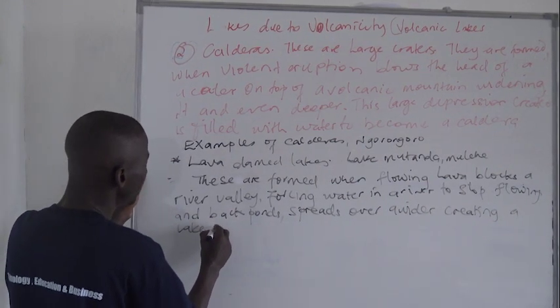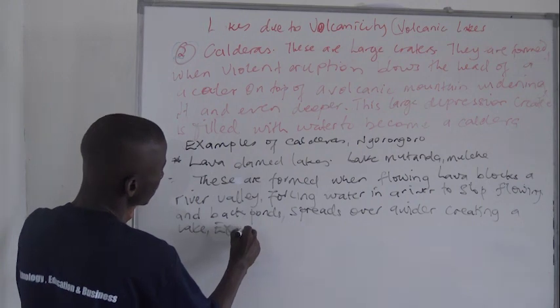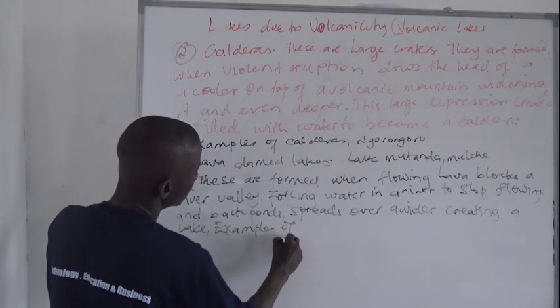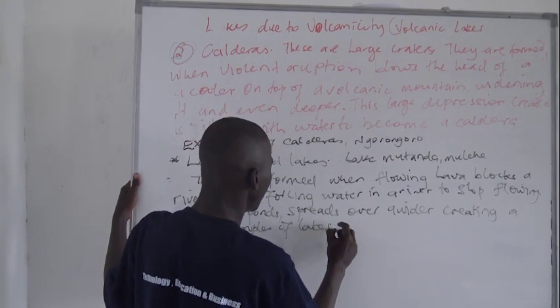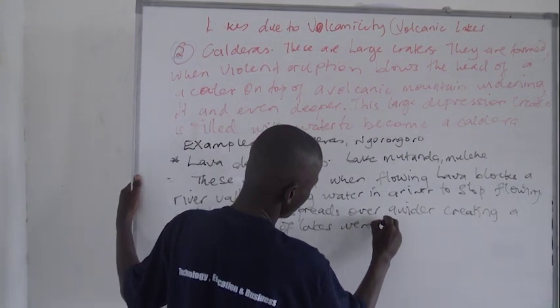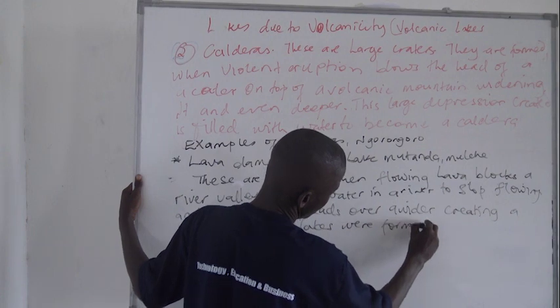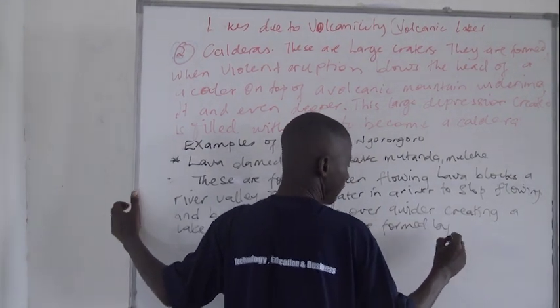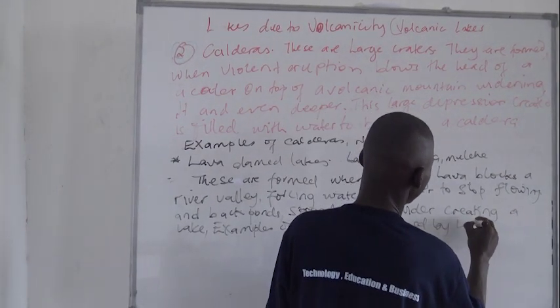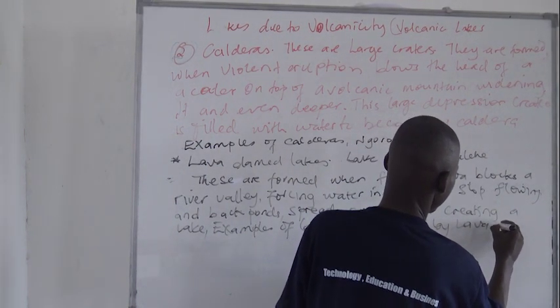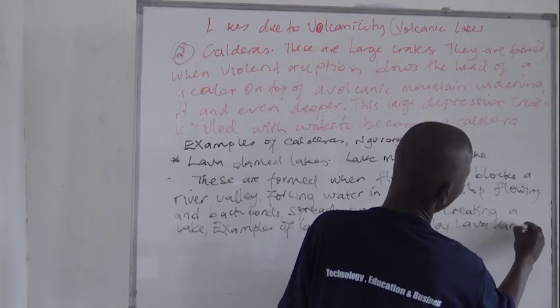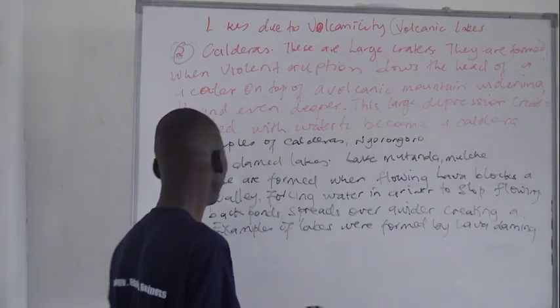So some of the examples of lakes that were formed by lava damming, we have said, include what?